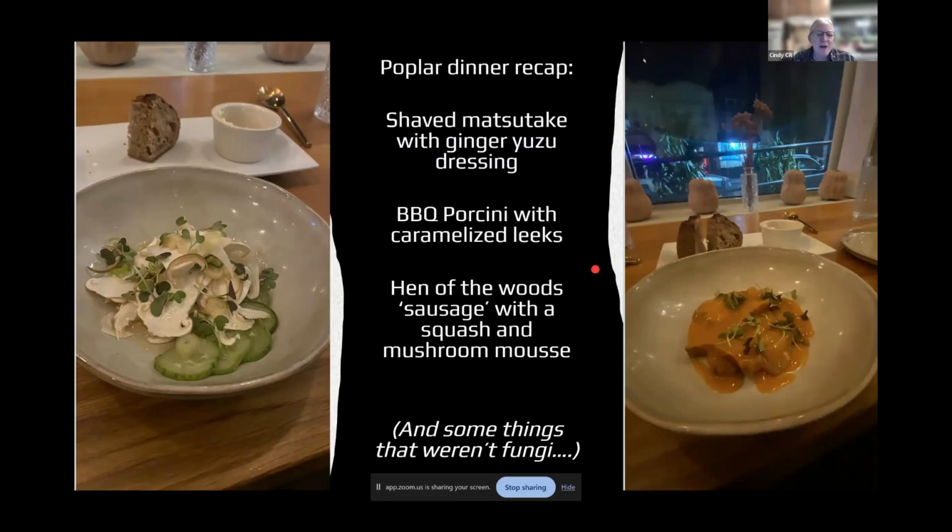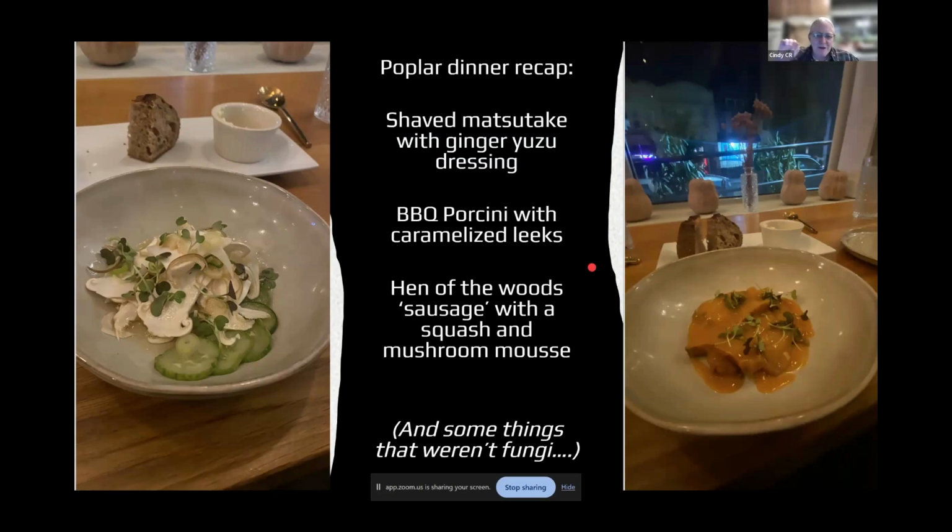On the left is the shaved matsutake with a ginger yuzu dressing, and that looks like shaved cucumbers. And then on the right, I think, is the hen of the woods sausage with a squash and mushroom mousse. And there were some things that weren't just fungi, but from what I've heard, it was a fabulous evening, and hopefully we'll be able to convince him to do another mushroom-focused menu for club members, so a few more of us can check out what he's doing there.